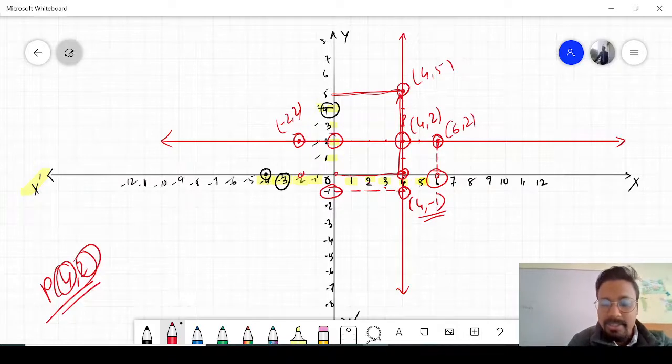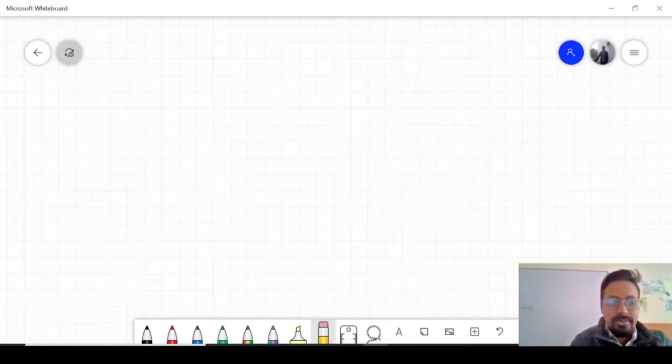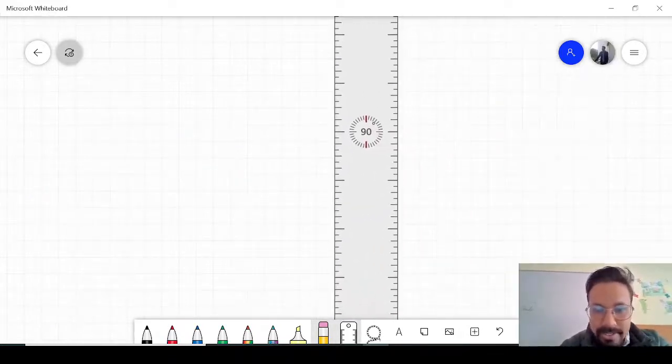Okay, so let us now erase this whole thing. We will need a new set of axes.